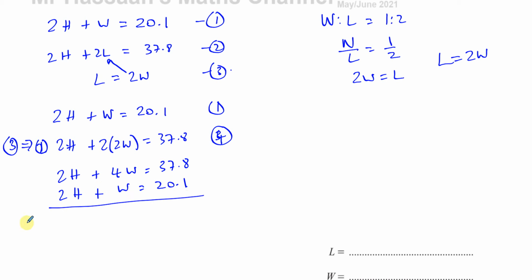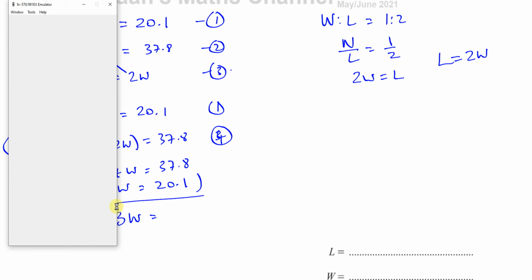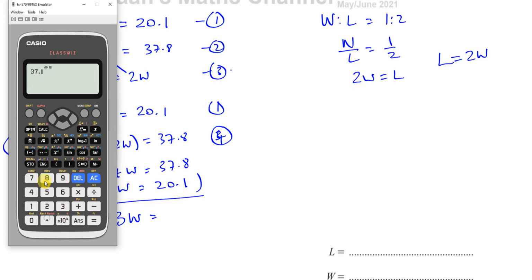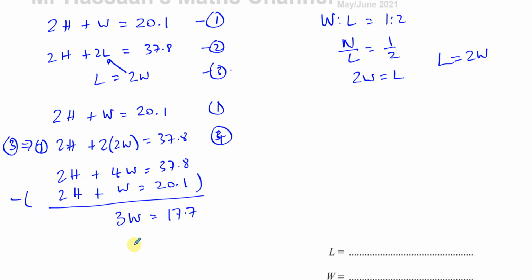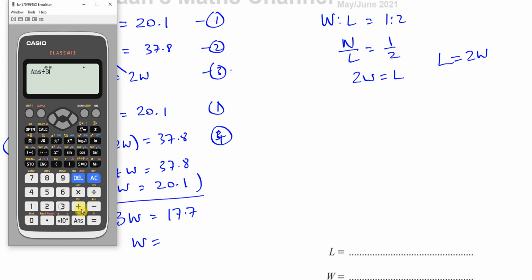So I can now subtract these two equations. If I subtract them, the H's will be eliminated. I'll have 3W is equal to 37.8 minus 20.1. That gives us 17.7, and W is equal to 17.7 divided by 3, which gives us 5.9.